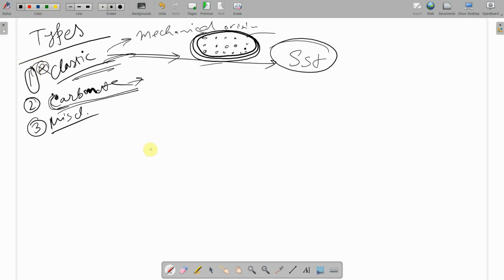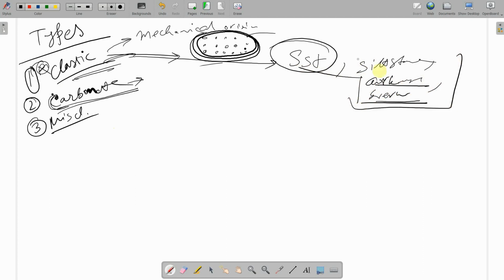Okay, and the examples of the clastic rocks are sandstone, siltstone, arkose, and greywacke. I'll discuss what arkose is, what greywacke is. Last time I didn't discuss it in that slide. Okay, so sandstone is very common. In ancient India, people were using sandstone to build their houses. You can see it in villages too, if your house is in Rajasthan.